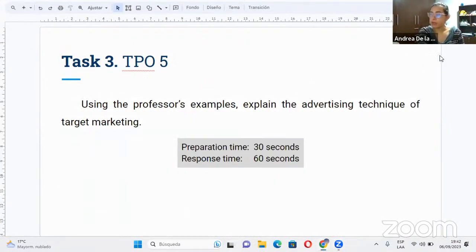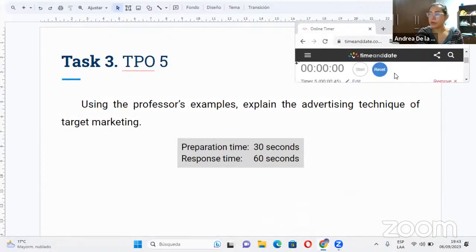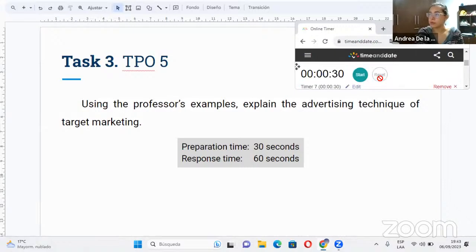Okay, guys. So, using the professor's examples, explain the advertising technique of target marketing. Now you will have 30 seconds to prepare your responses.